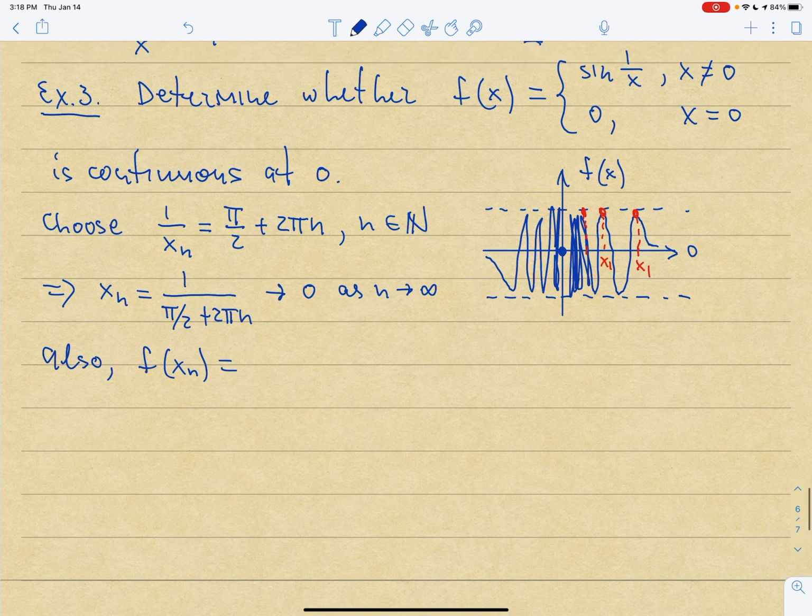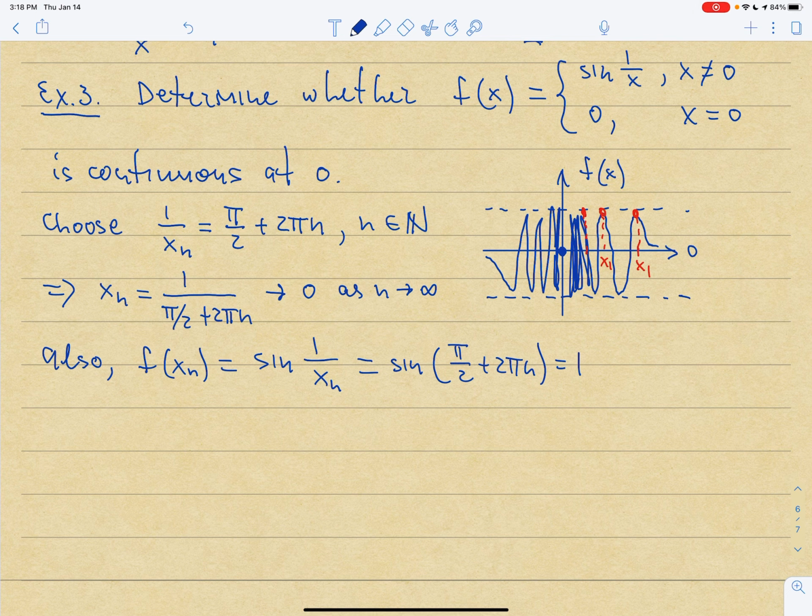The way I designed x_n, of course, sine of 1 over x_n should be the sine of this quantity, sine of (pi over 2 plus 2 pi n). That, of course, is equal to 1, because that is how I designed my function.